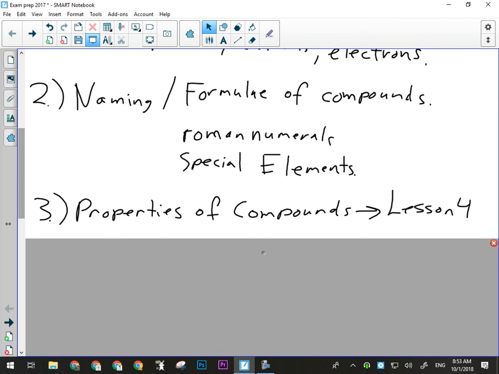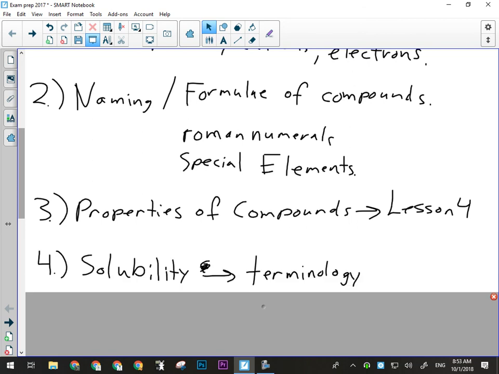Fourth thing we went over, solubility. You need to know all the terminology related to solubility, because there could be some multiple choice questions about that, but also because I will use that same terminology on the test. If a question says, here's a chemical reaction, a precipitate is formed, which of the products is the precipitate?